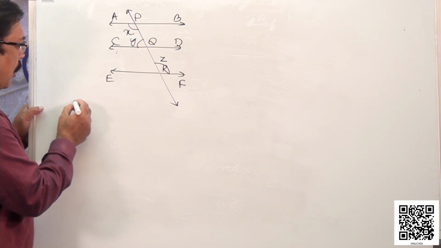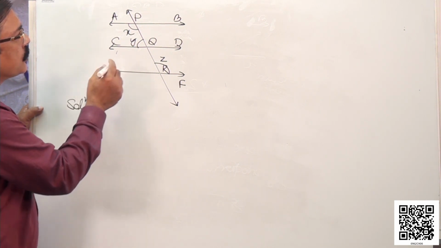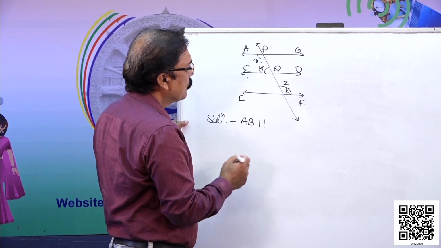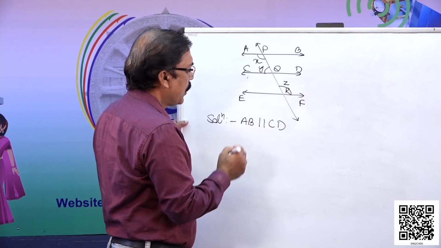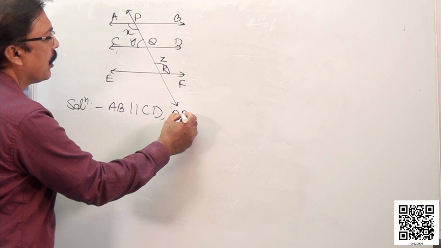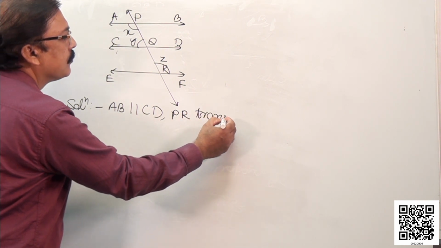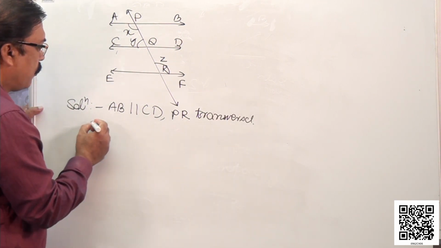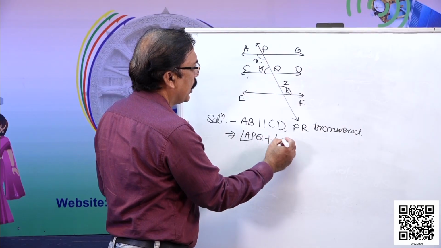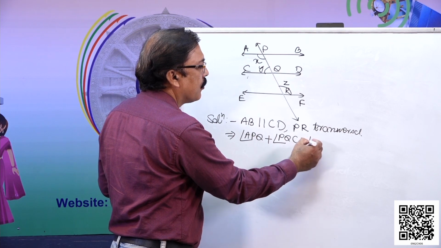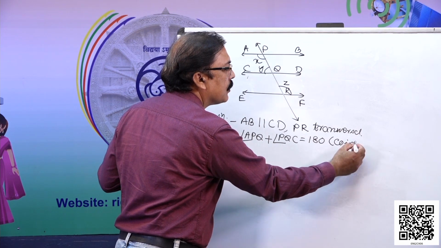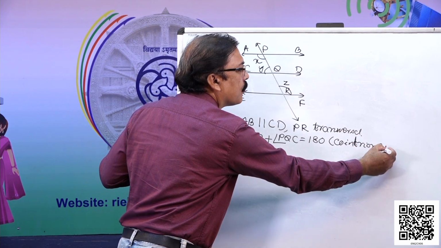Now, as AB is parallel to CD, with PQ as the transversal, we can say that angle APQ plus angle PQC is equal to 180 degrees because they are co-interior angles.